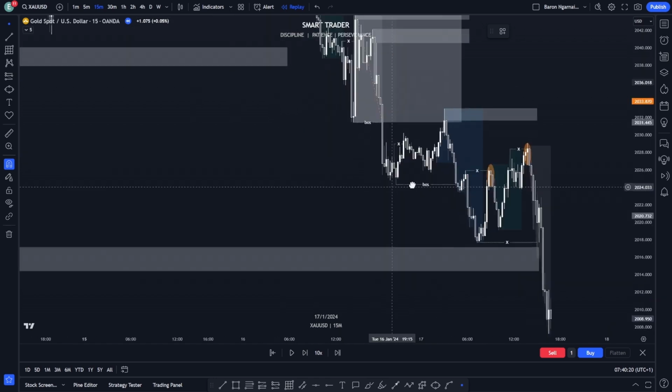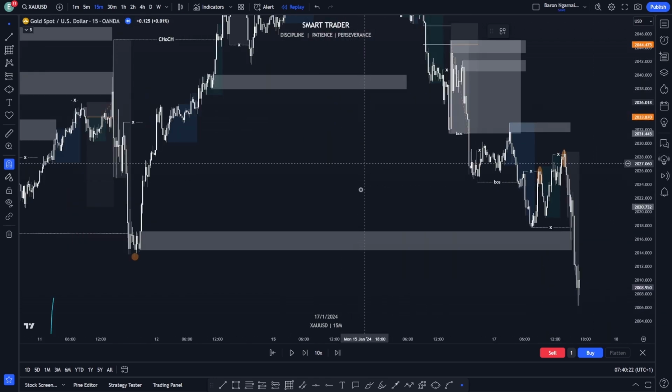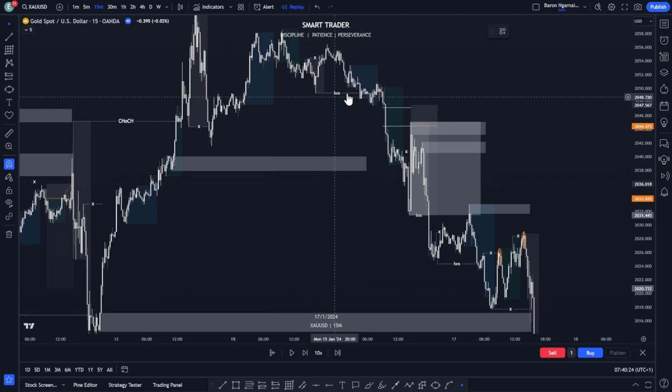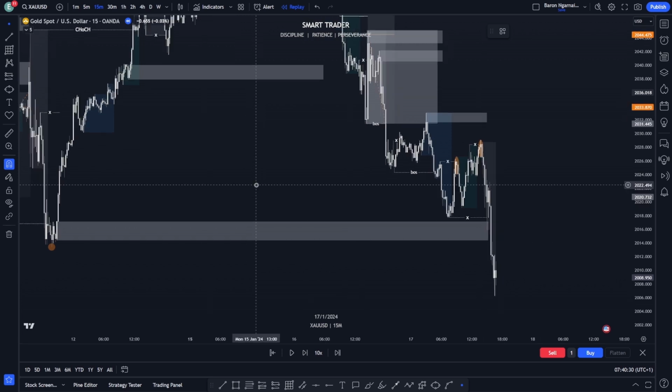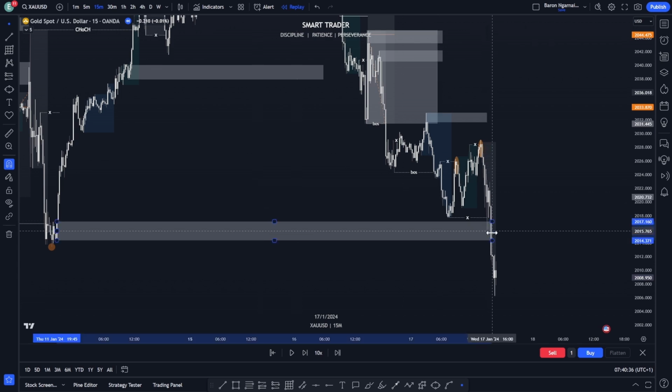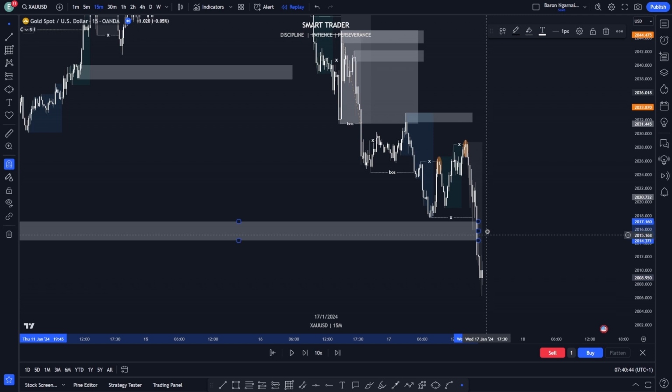So imagine if you were waiting for the market, which has taken like 3 days to drop and mitigate your extreme order block here. You have been waiting for 3 days for the market to drop and mitigate your order block, but when it dropped, it completely broke your order block. So this will really frustrate you. This is a complete waste of time.